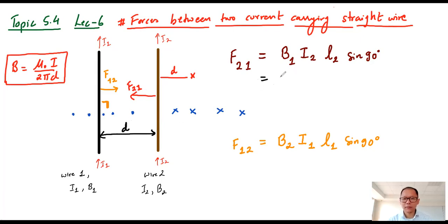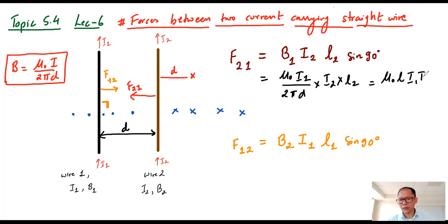So I can write here mu naught I1 over 2 pi d times I2 times L2. So which basically gives me mu naught, let me just write L, okay, I'm assuming that both the lengths are equal. So L I1 I2 by 2 pi d. So this is the force acting on wire 2 due to 1.